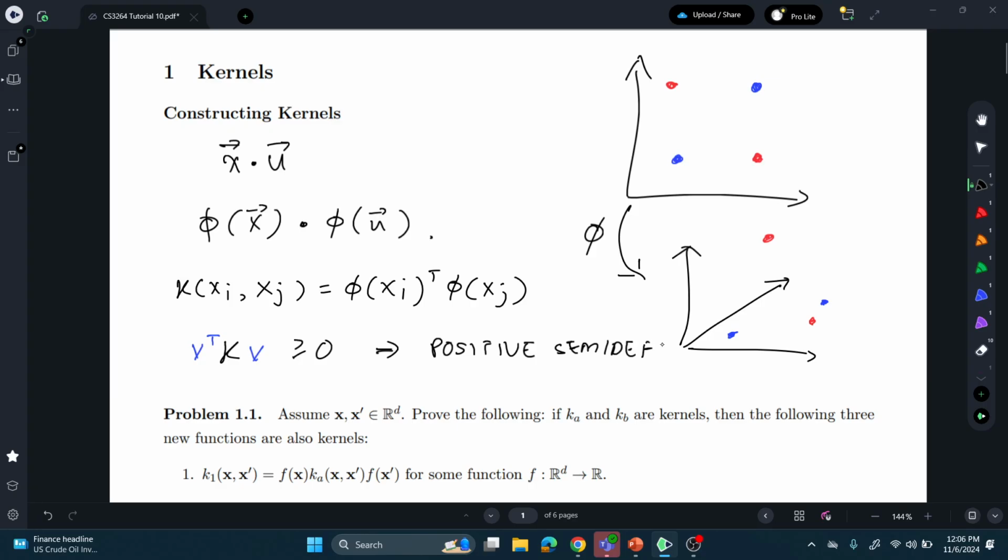So these are 2 ways you can use to identify whether something is a kernel or not. The general definition is that a kernel function can be split into 2 separate vectors. But if it's easier for you to compute the kernel matrix, you can use the positive semi-definite property. Any questions?